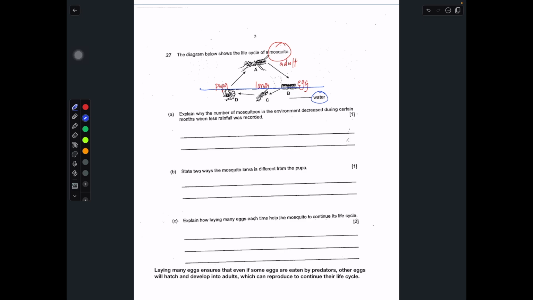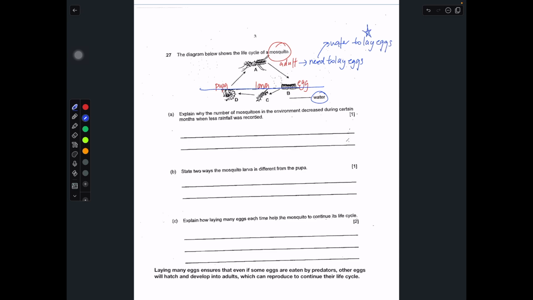The adult can live on land, and they will return to the water when they need to lay eggs. So it's trying to tell you one thing: the mosquito needs water to lay eggs. This is a concept that you need to know.